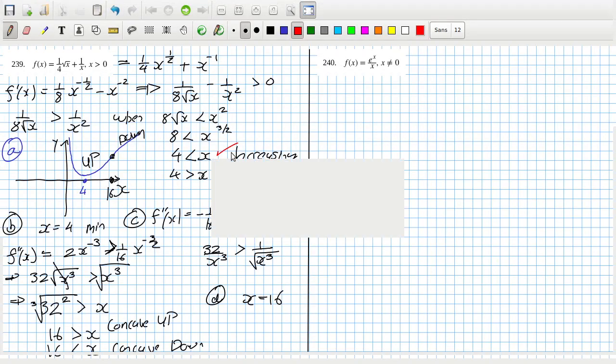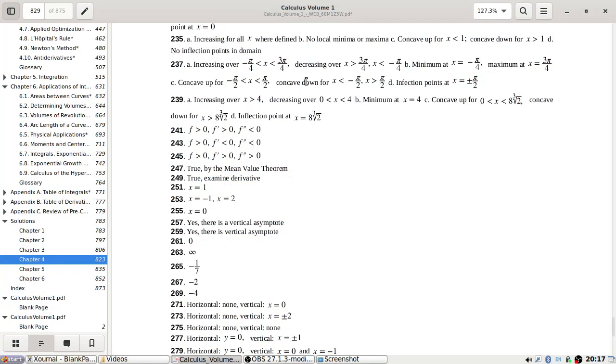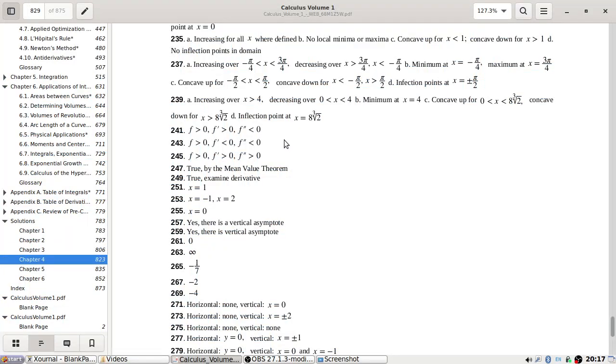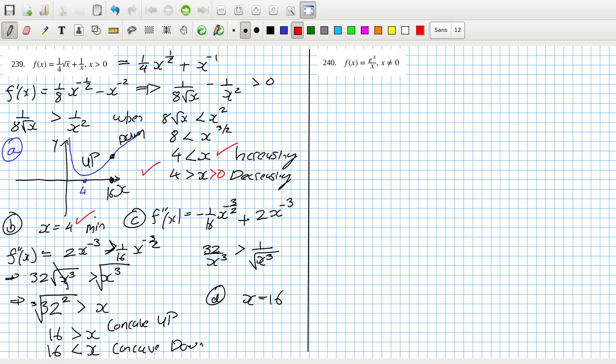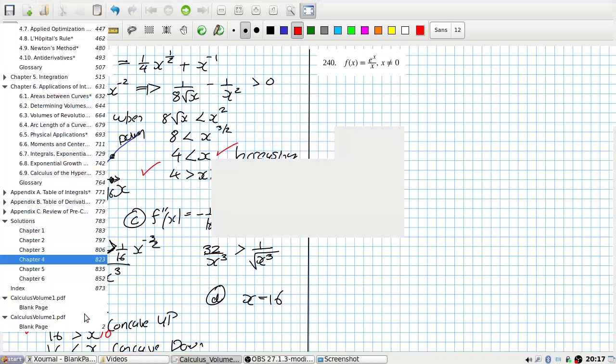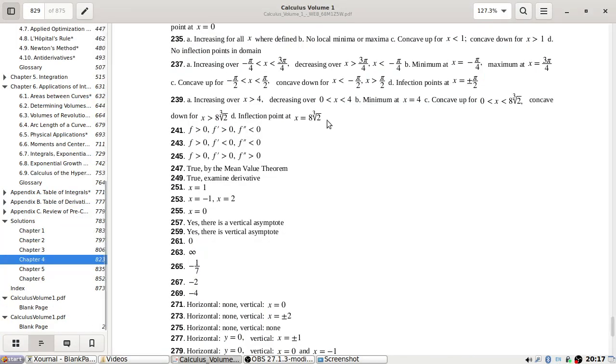Oh, I forgot. That's hilarious because in the previous questions, I've been very careful with the bounds and then forgot to mention it in this one exactly when they do mention it. Minimum at 4. Concave up. Less than 16. Oh, no.